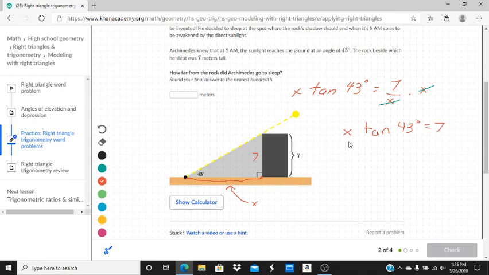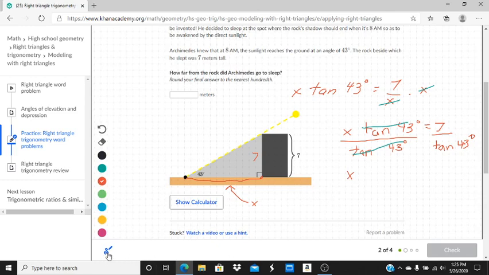If we divide both sides by the tangent of 43 degrees, on the left-hand side, they divide out. And we're left with x.